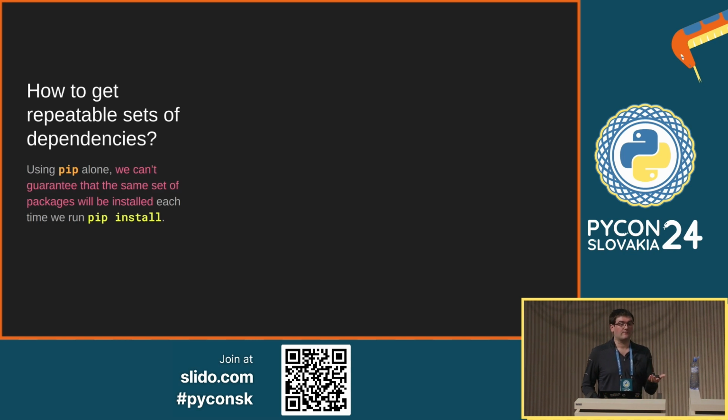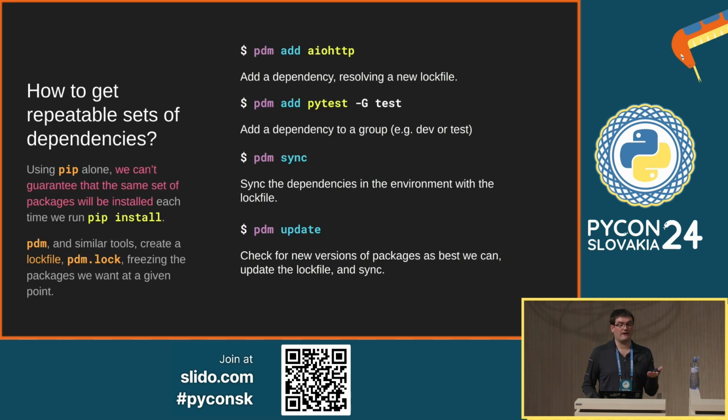And so, like Poetry, PDM will create a lock file for you where it resolves all of the Python artifacts that you might want. So that's all of your packages to specific hashed versions, and then allows you to recreate your environment using a command like pdm sync, for example, rather than having to resolve all of your dependencies each time.